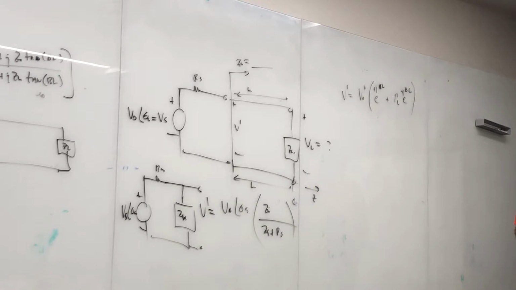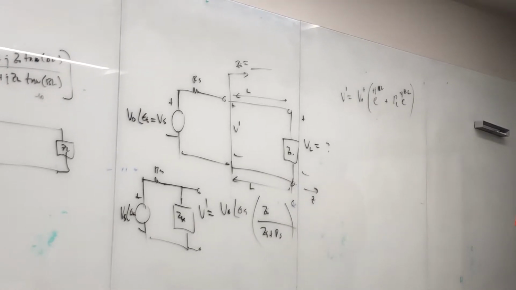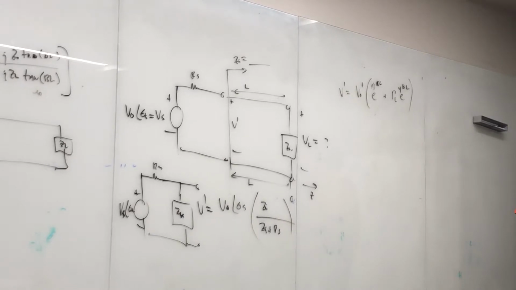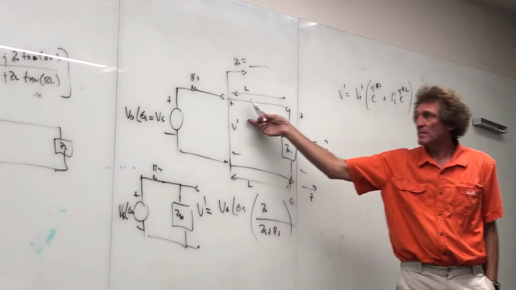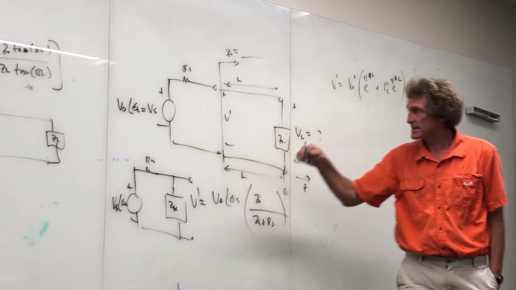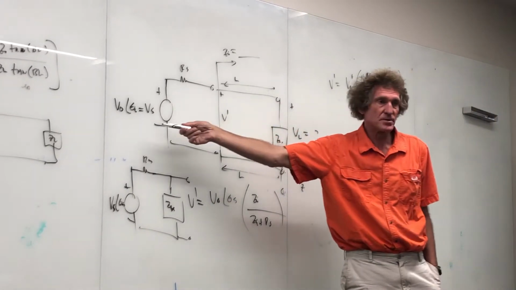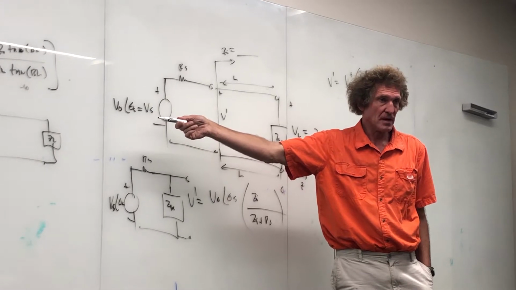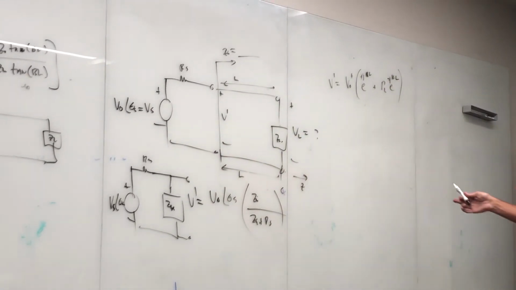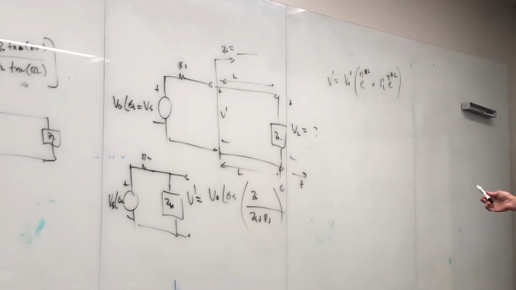Everybody with me on this? Now you remember this, but just make sure you know how to use this. Because I could give you information where I say, this is what V prime is right here. I don't have to start right there. Or I could say, this is the load voltage, what source voltage created that voltage. So there's a lot of different ways this problem goes. You just have to understand all aspects of it.